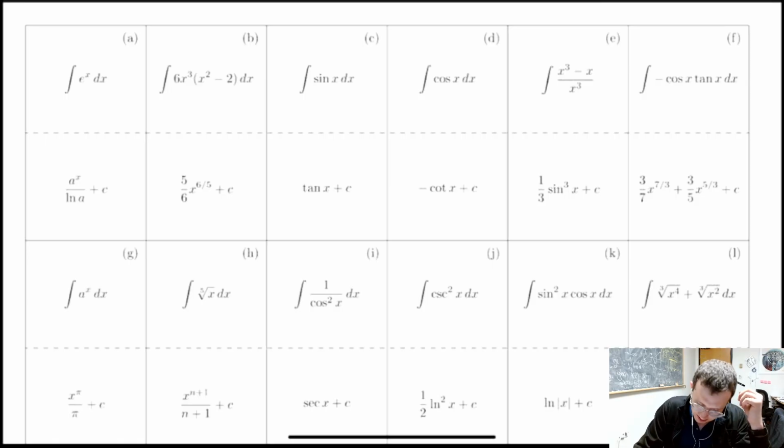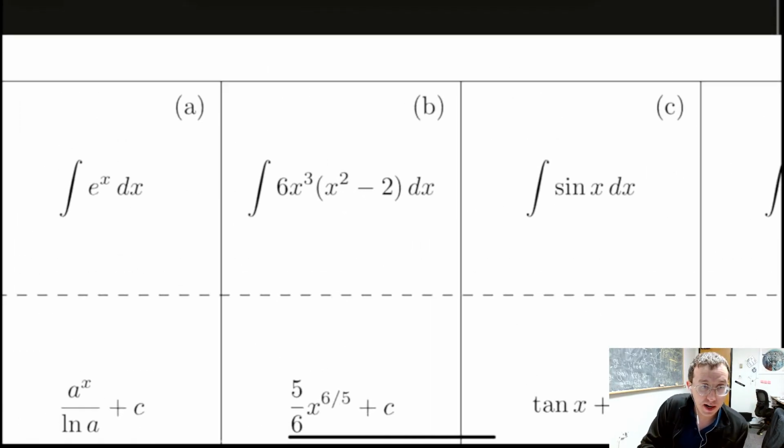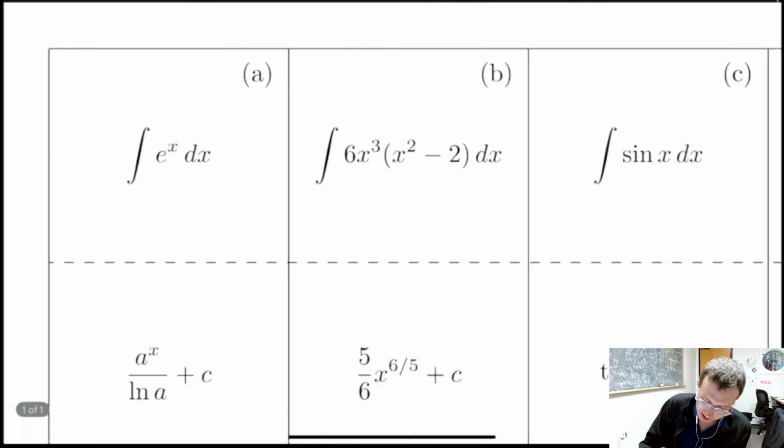The first integral, e to the x. Now, I guess I should point out, I have basically three strategies for evaluating integrals, finding antiderivatives.